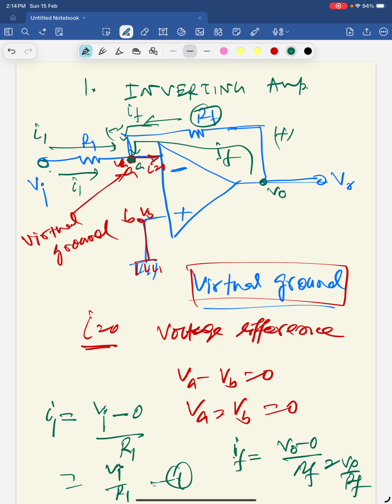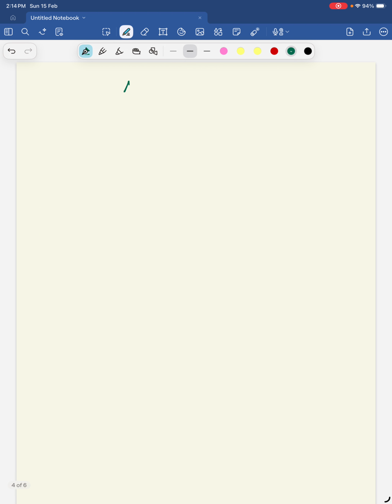So as per KCL, summation of I is equal to 0. That means all the current components meeting at a point sum to 0. Here I1 is coming plus IF also coming, so that must be 0. What is I1?